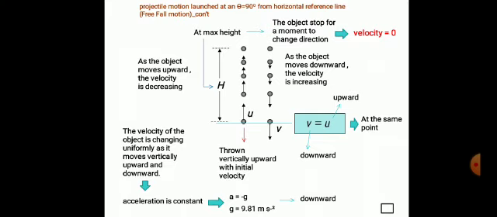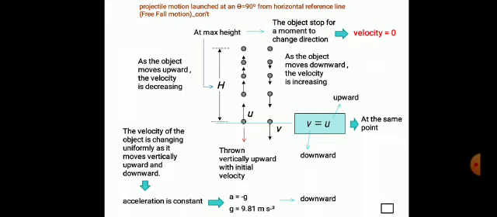Yes. The acceleration along the path, wherever it is, as long as it's along the path, is also present and equal to minus g, minus 9.81. So at the maximum height, even though the velocity is equal to 0, the acceleration of the y component is also minus g. We can't say the acceleration is 0 because the velocity is 0.